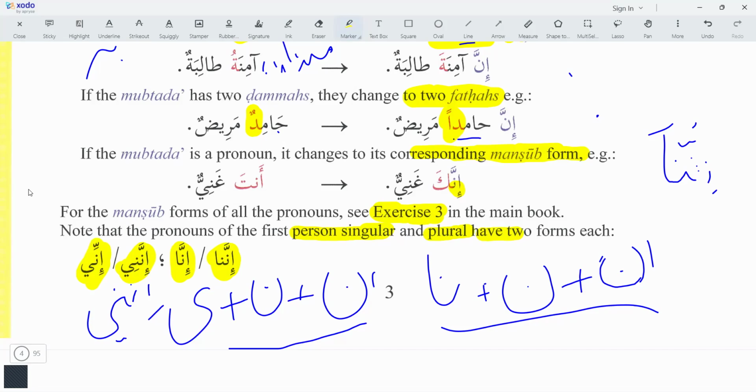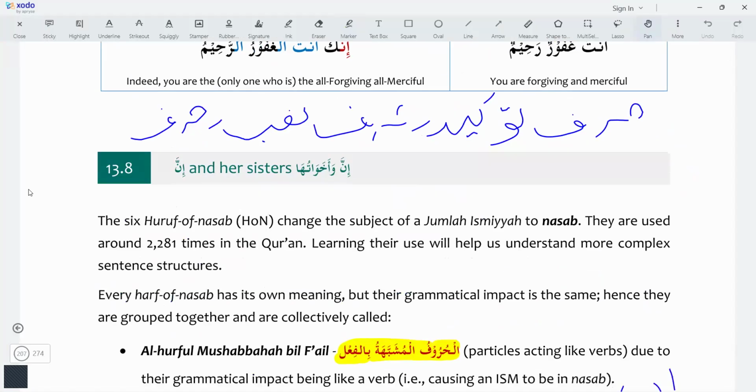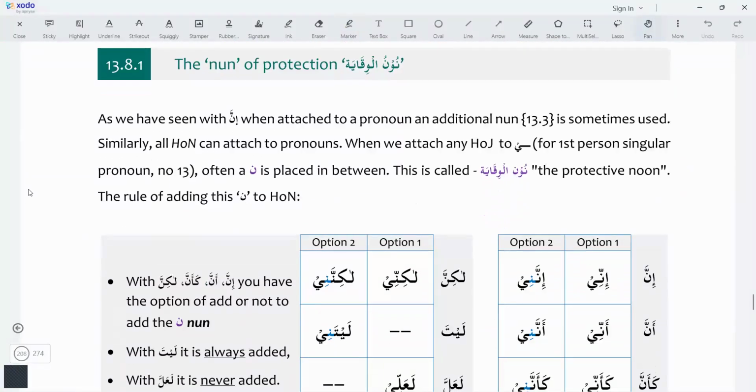Both are correct. What is the noon wiqaya? Noon wiqaya means the noon of protection. Noonul wiqayatu.